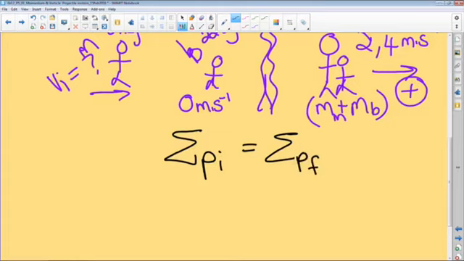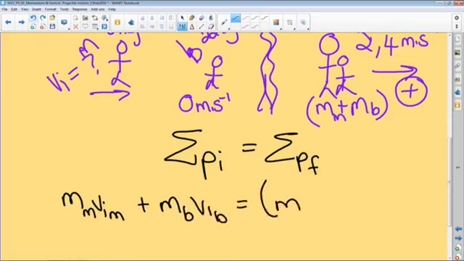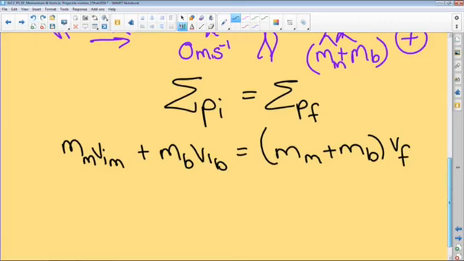Beforehand, the mass of the man and his initial velocity plus the mass of the boy and the boy's initial velocity is equal to their masses added together and their final velocity. They became one object. If you don't recognize they become one object, what you do need to recognize is that they go at the same velocity, so your substitution is important there.